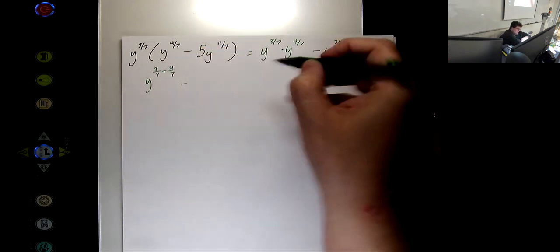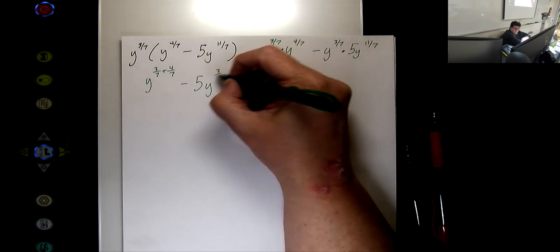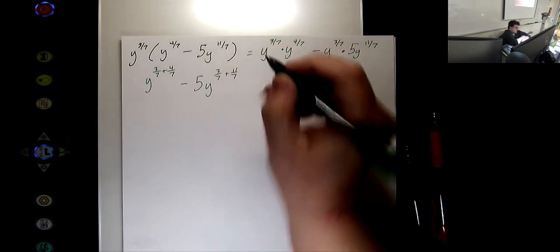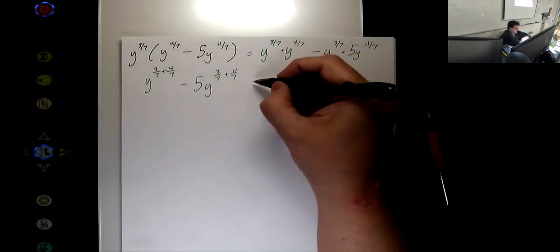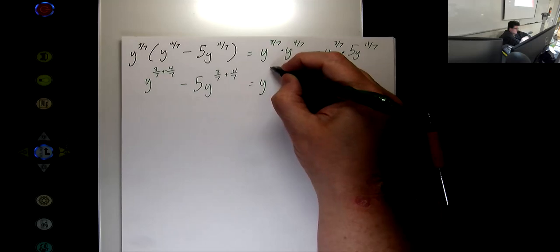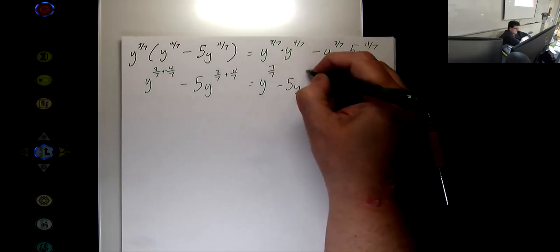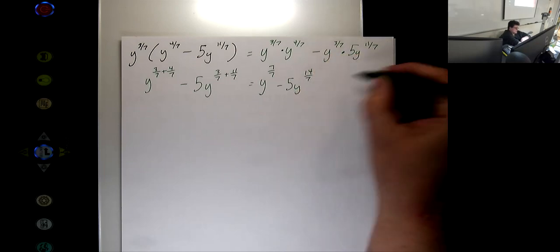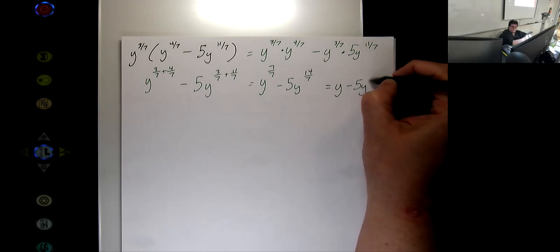I'll move the 5 out front. Which gives me y to the 7/7 minus 5y to the 14/7, which is y minus 5y squared.